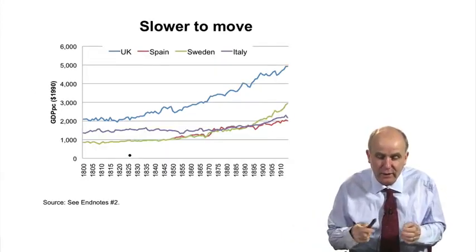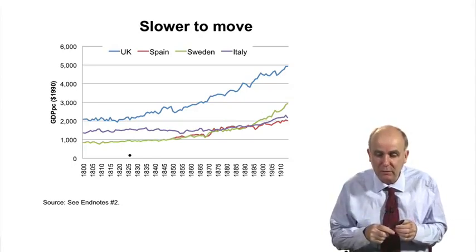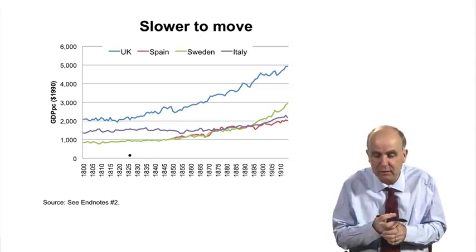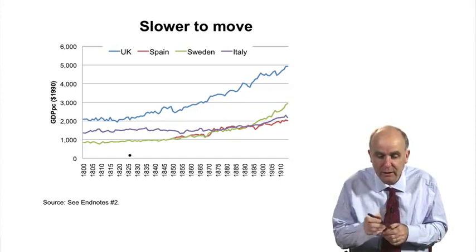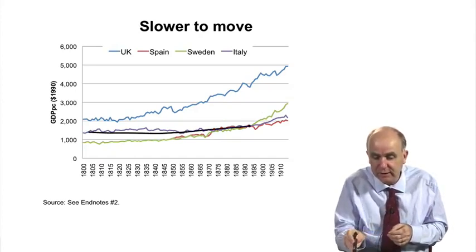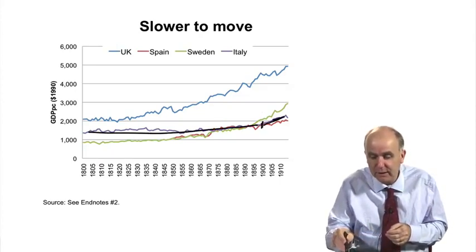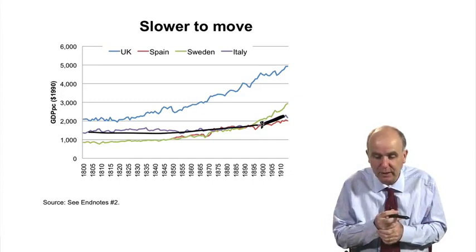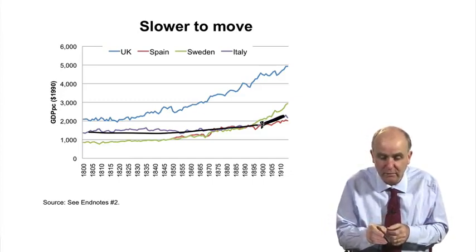There are other countries in Europe which were much slower to move, and I've shown just a sample of those countries here. For example, if you look at Italy, you can see really not until about 1900 do we start to see GDP per capita taking off.